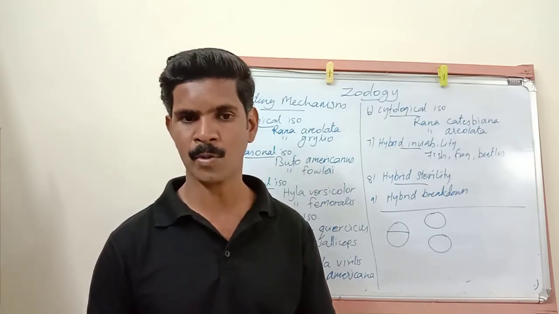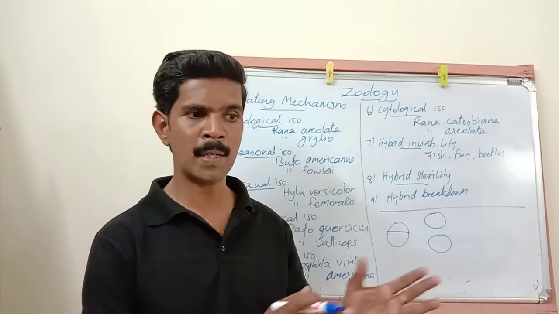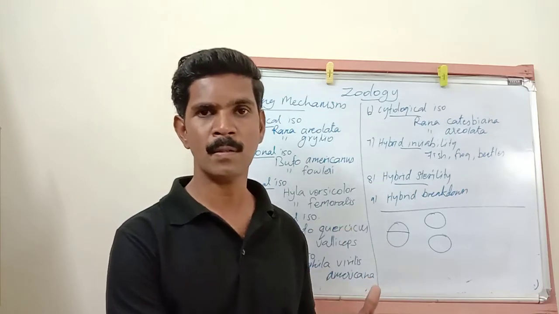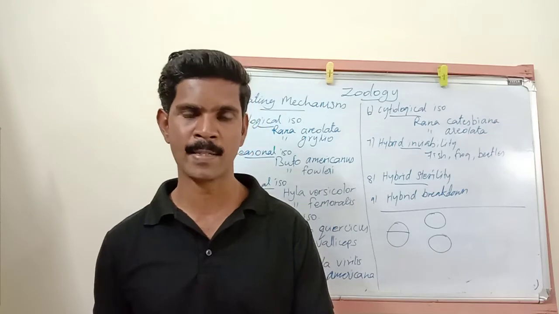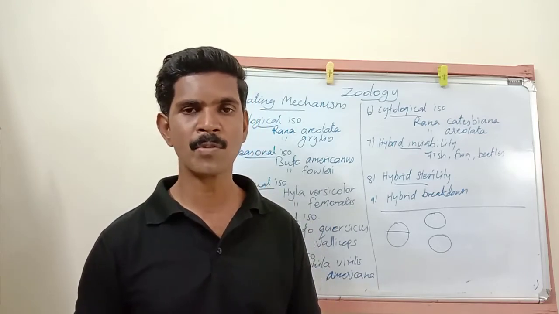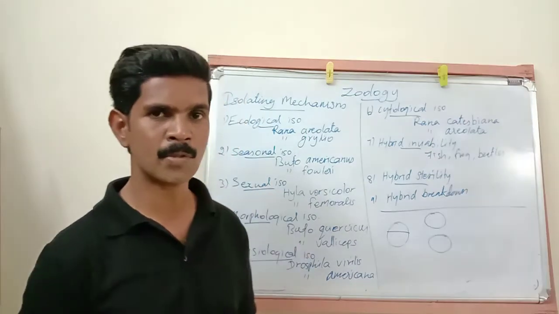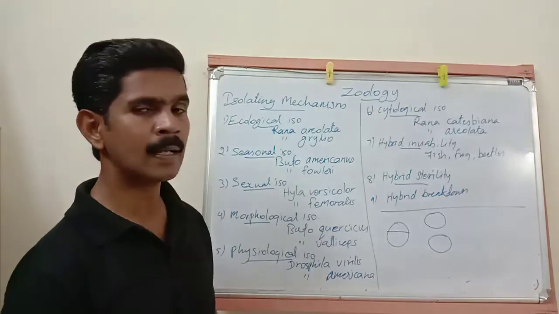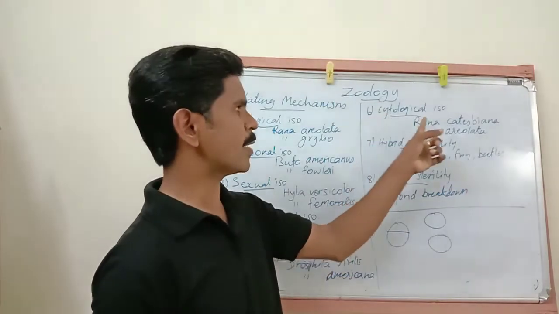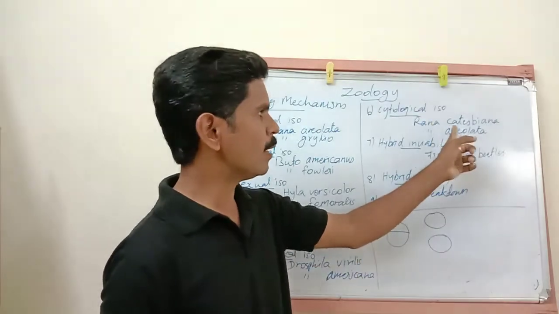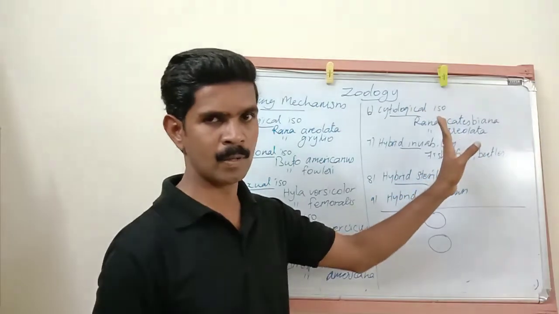The number of chromosomes in male cells is different from that of female cells, so the reproduction or interbreeding is prevented. This is called cytological isolation. Example, Rana catespina and Rana areata. These two are frog species.